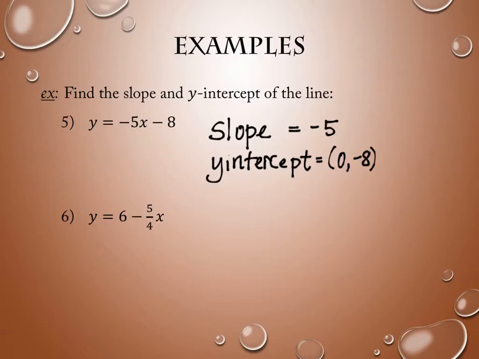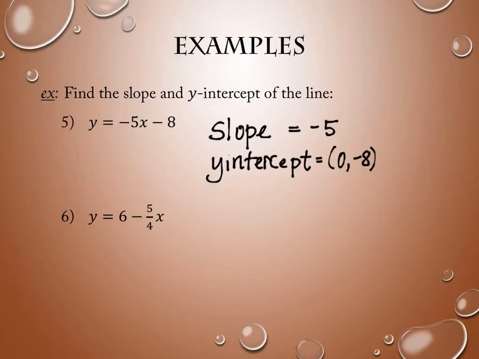Looking at 6. Is it in y = mx + b form? Got yeses and nos. It's actually not, but it's pretty close, right? Like I could plug it in the calculator, but it's really not quite in the right form. If you're comfortable looking at it from there and identifying it, you can.